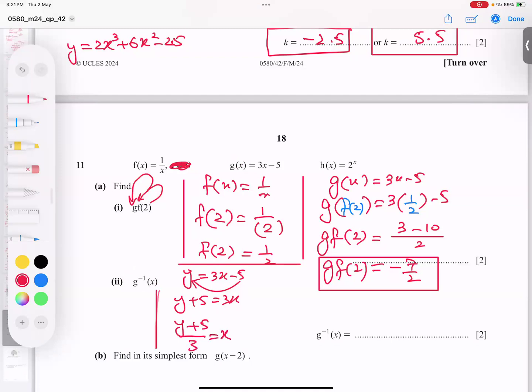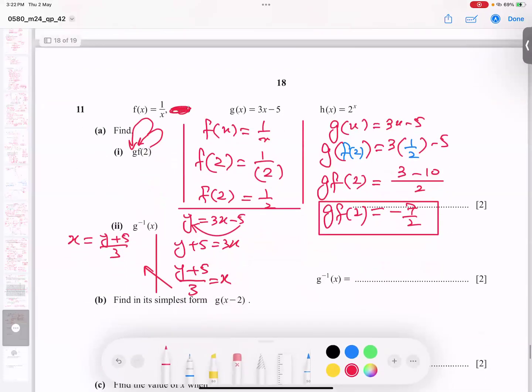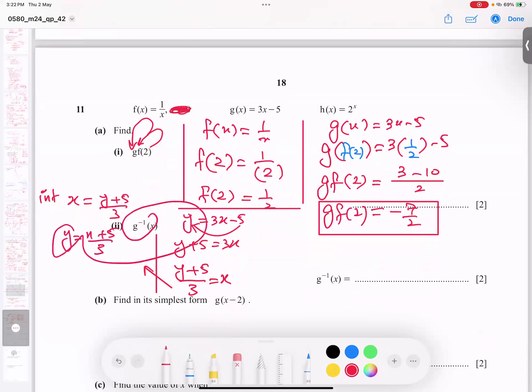Now, students, I will do the interchange. What does interchange mean? X becomes Y and Y becomes X. I think I can shift slightly up. So X becomes Y and Y becomes X. And this Y is called G inverse.